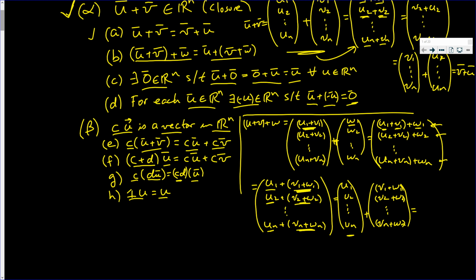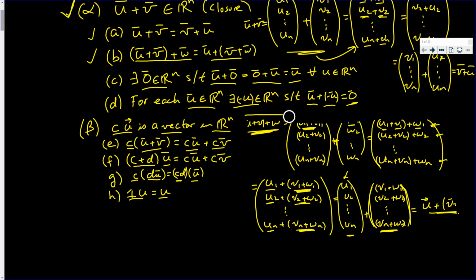In fact, that's how they were bracketed. So this vector is u, plus this vector is v plus w. And I just showed that this equals that. That gives me letter B. Okay, now letter C. Let's get some space going.